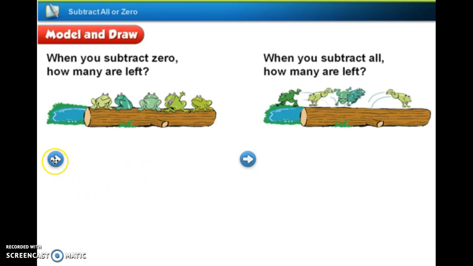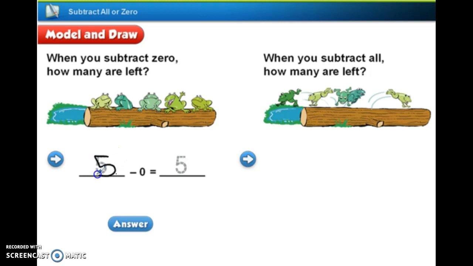So what will our number sentence look like? What number did we start with? We took away or minused 0. And how many frogs were left? How many did we start with? 5.